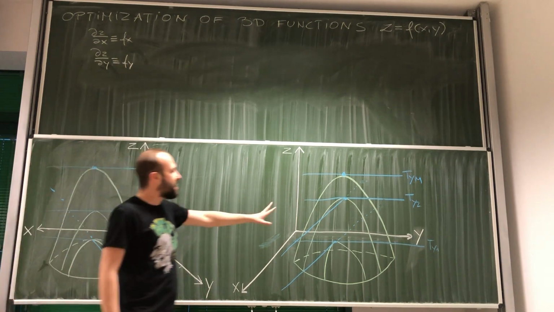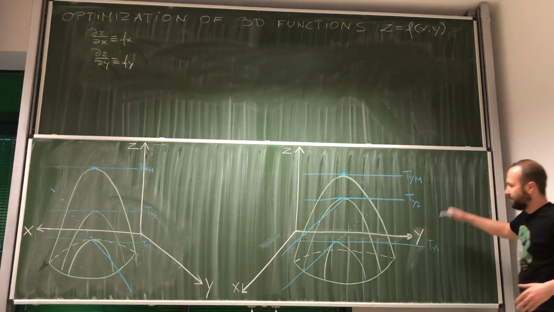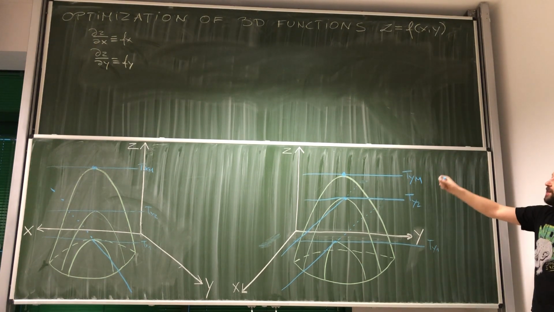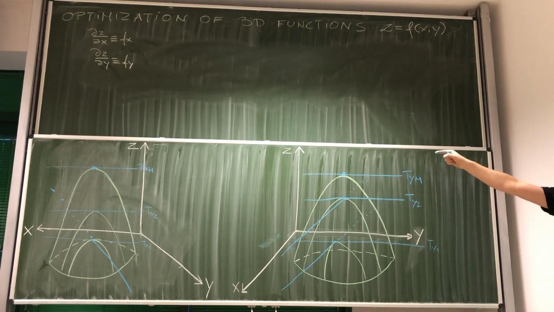And I was doing the same here from the perspective of the derivative of y. But look, this should actually lead us to a very, very easy and logical conclusion. That in order to have a maximum, what we need actually is for both of these derivatives to be equal to 0 at the same time.